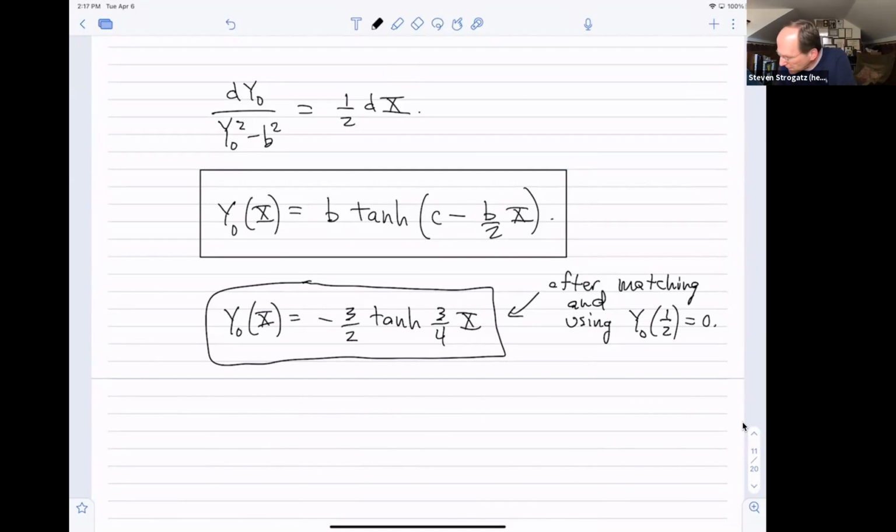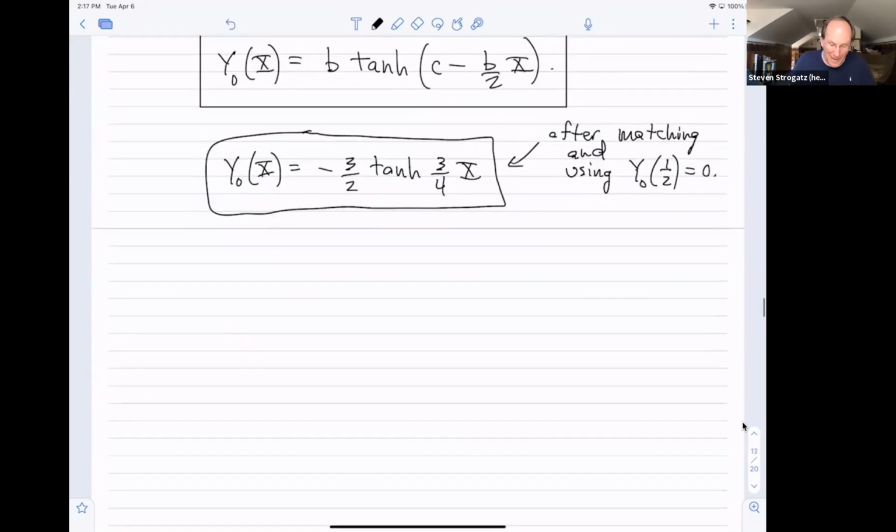So all right, so there's my y0. And we can also write down the composite solution now that we've got the inner and the outer. So we had y left of X was to lowest order X plus 1.